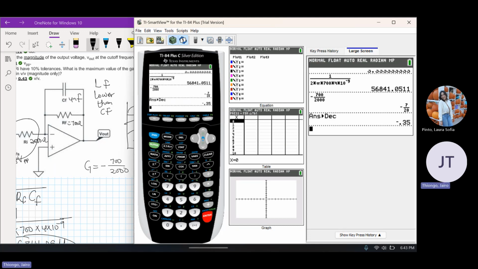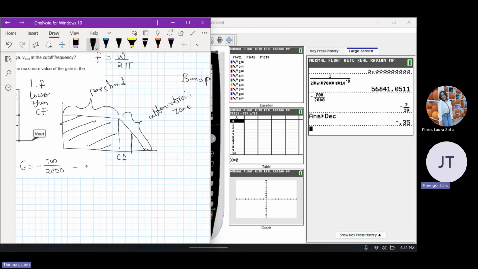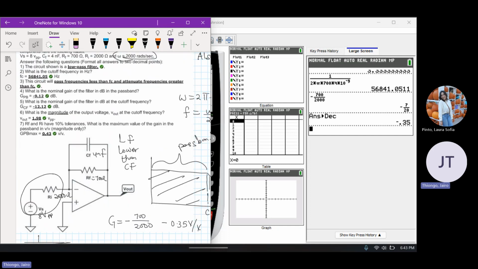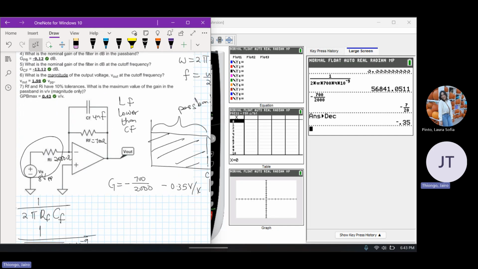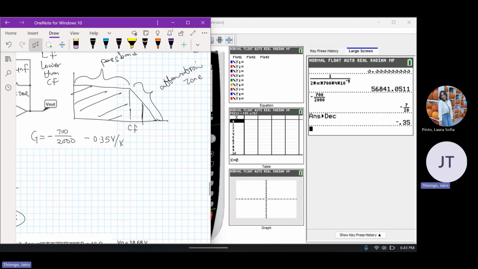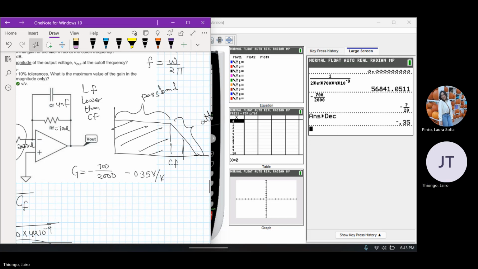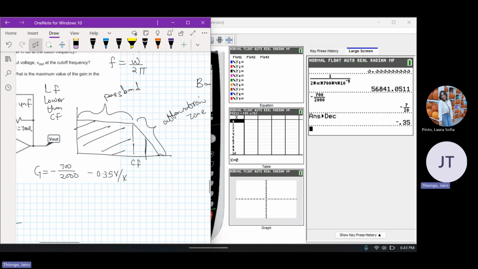We have it as minus 0.35, and this is in volts per volts. Notice the units. But our question is not asking for the gain in volts per volt; it's asking for it in dB. dB is a way to show the Bode plot or the values from an op amp in a logarithmic scale.